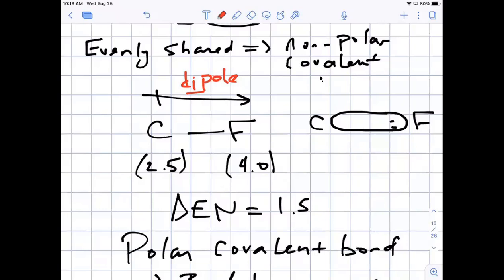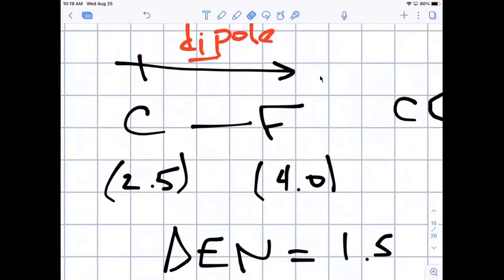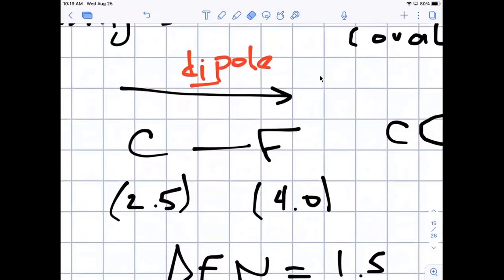More positive. So when you have a polarized bond, the atom that's less electronegative is going to become partially positive. That's a lowercase Greek delta. And the atom that's more electronegative is going to become partially negative. The direction of the dipole is telling you where the electrons are going.